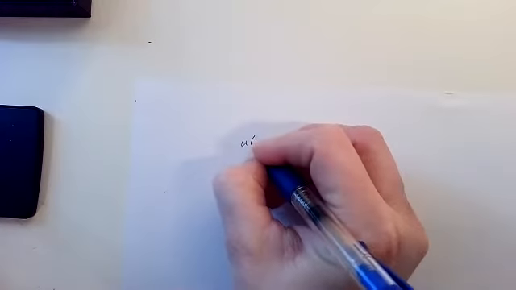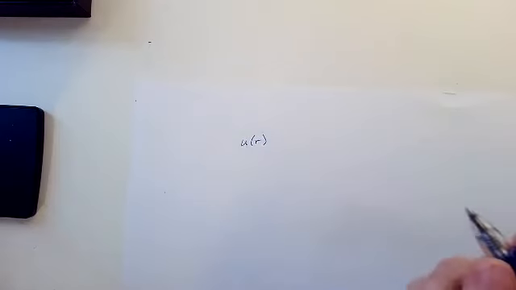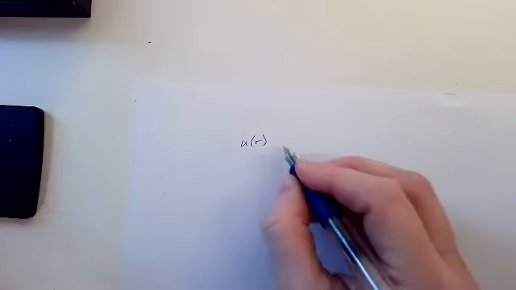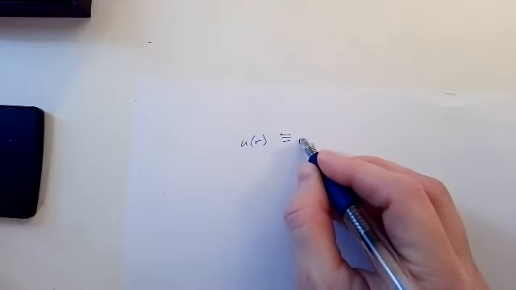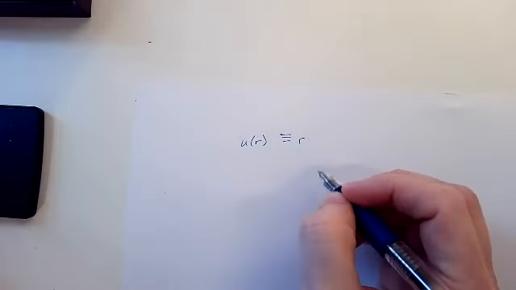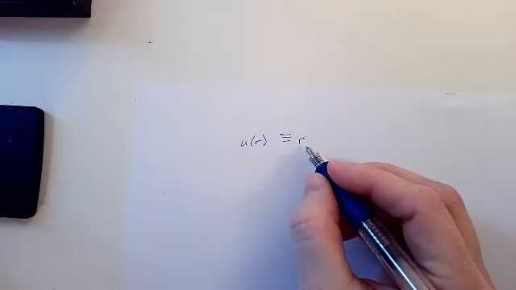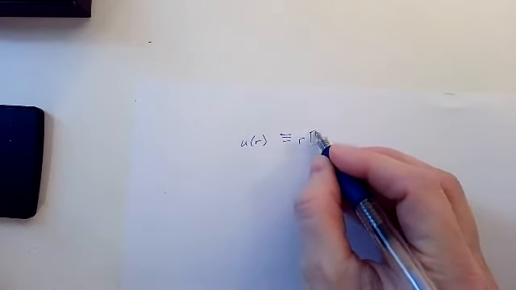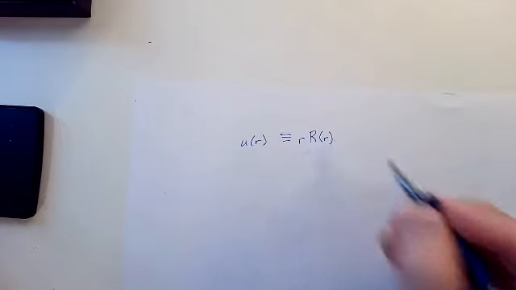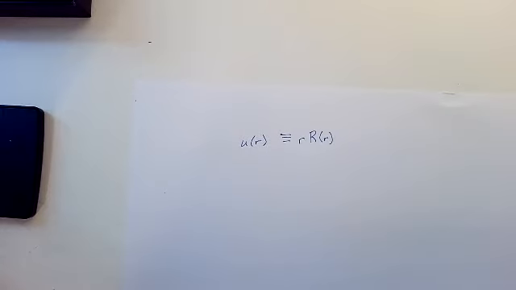So what we're going to do is substitute into that equation a function of r, u of r, for our radial variable r times our radial function R as a function of r.